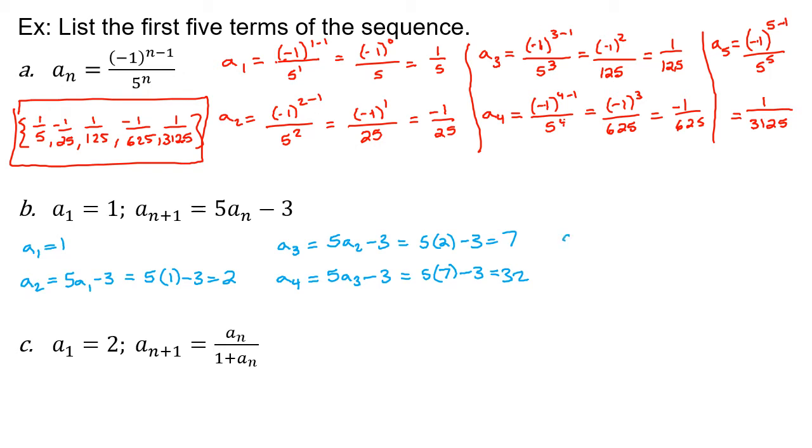And then a sub 5 would be 5 times a sub 4 minus 3. So you're doing 5 times 32 minus 3. 5 times 32 is 160, minus 3 is 157. So my list here would be 1, 2, 7, 32, 157.